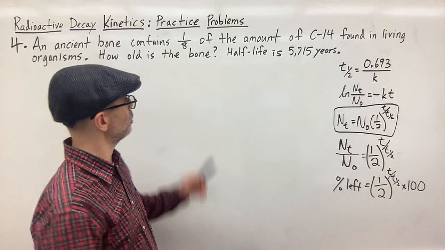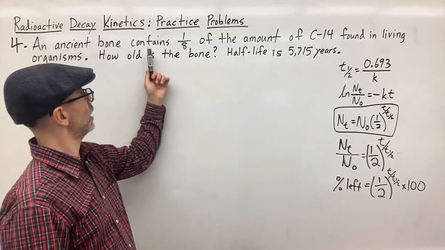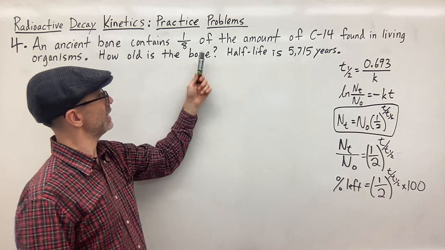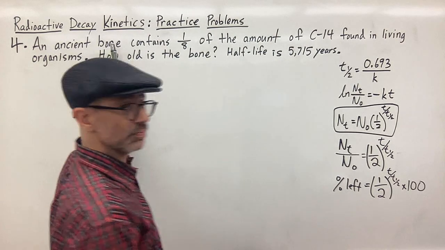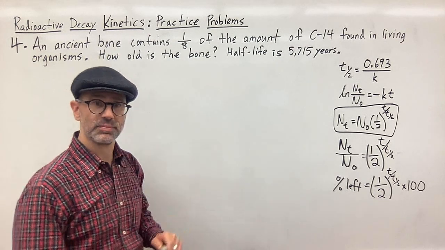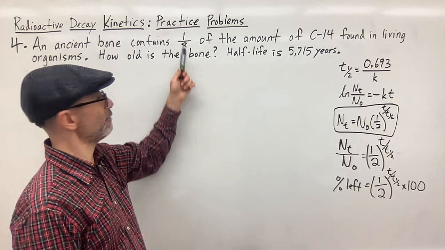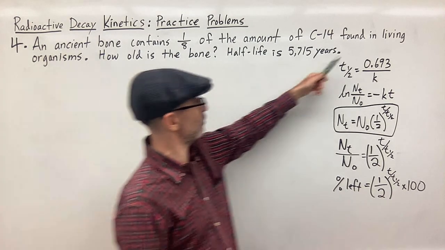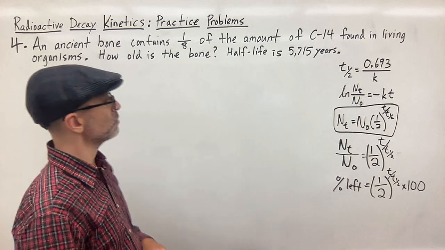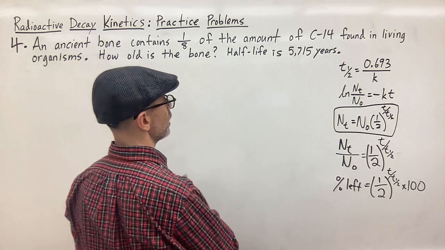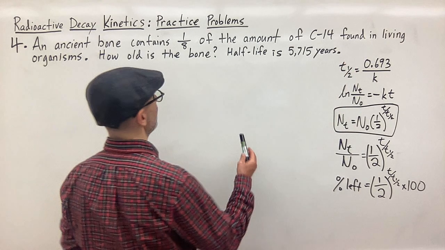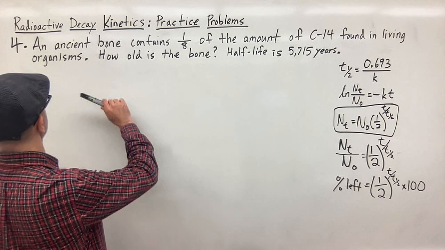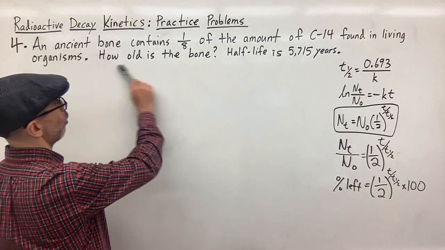In this problem, they're telling you that the amount of carbon 14 left in the bone is a fractional amount, 1/8 of that found in living organisms. So you can plug that in. What else are they giving us? They want to know how old the bone is.